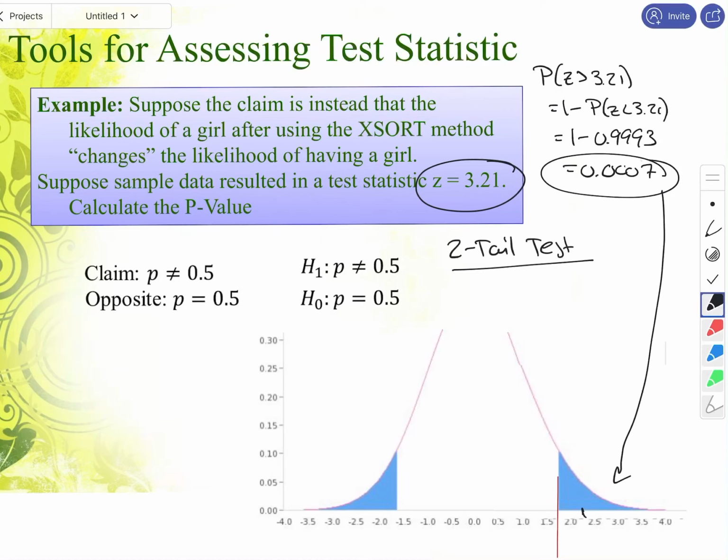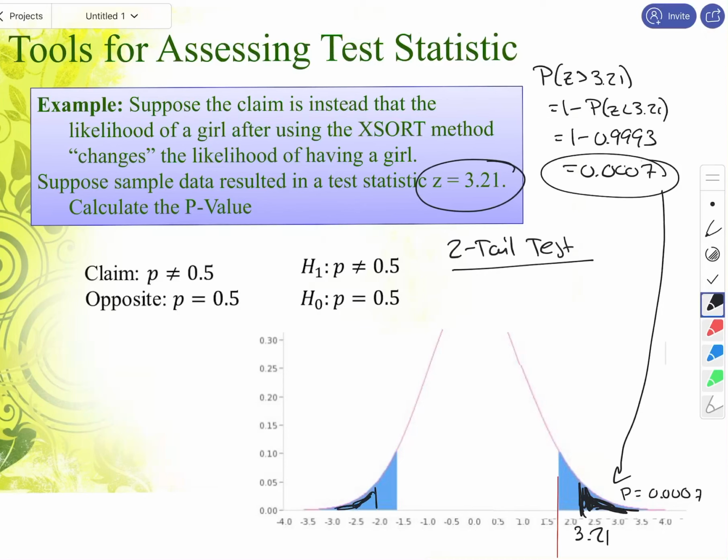Now this area is this region over here. If this is the z value 3.21 for our test statistic from our data, and that's the region here, that area right there is 0.0007.